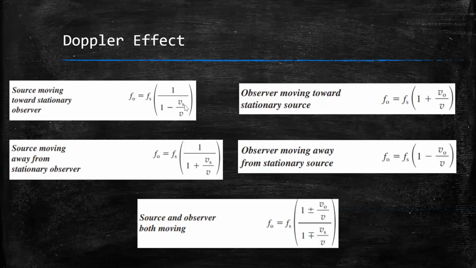And Vs is the velocity of the source, while V is the velocity of the sound in air, which is equal to 343 meters per second. In these formulas, where the observer is moving and the source is stationary, Vo is the speed of the observer. And for the case that both the observer and the source of the sound are moving, we have here the formula.